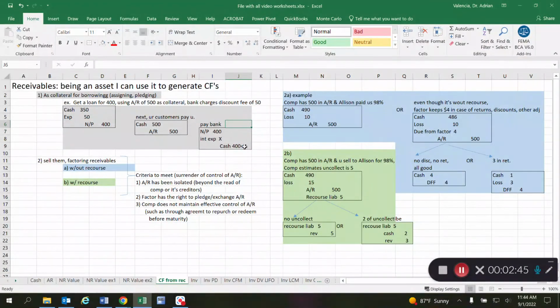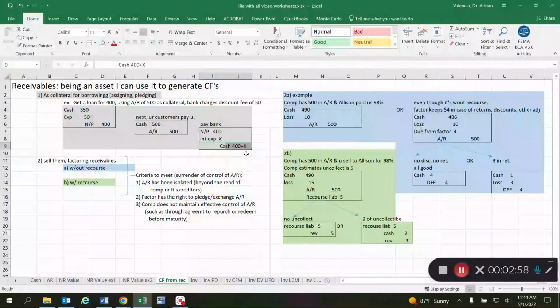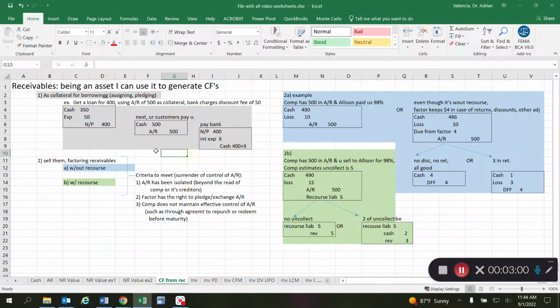So your journal entry is you would reduce the liability for $400, increase the expense for interest for X amount, and then you would cut a check for $400 plus X. Now keep in mind that this transaction of the loan did not affect the way you account for your accounts receivable. It's still the company's accounts receivable, and the company will collect on those receivables.